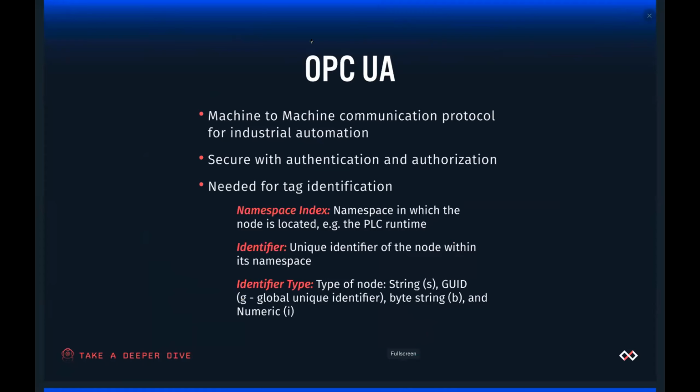So there are several types of nodes that are used in OPC UA. There's string, which is identified with lowercase s. There's a global unique identifier or GUID identified with lowercase g, and then byte string, which is a lowercase b, and numeric, which is identified with an i, representing integer.